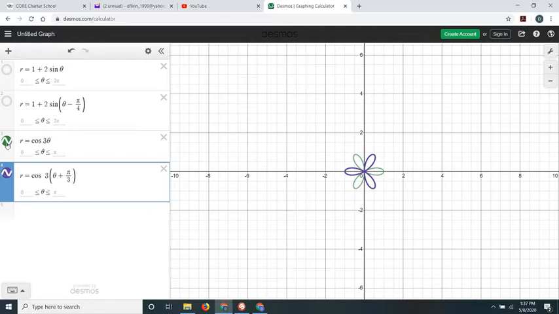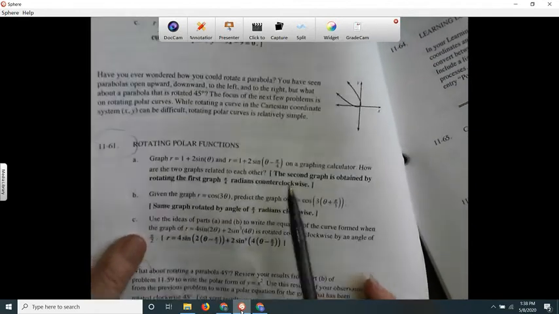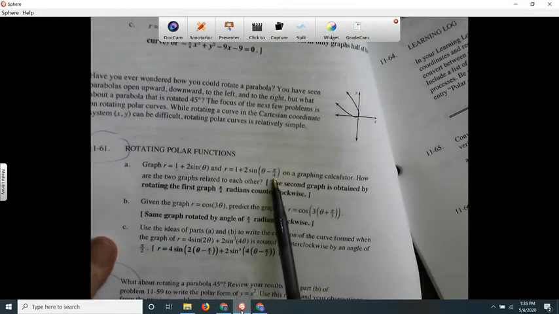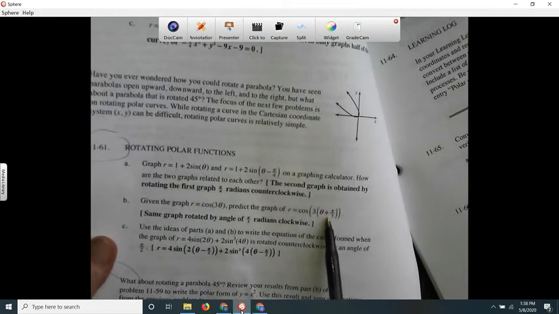It looks like the green graph got rotated by pi over 3 clockwise. So let me take it back off the screen. There we go. When I put the theta minus pi over 4, it went counterclockwise, but when I put a plus, it turned clockwise.